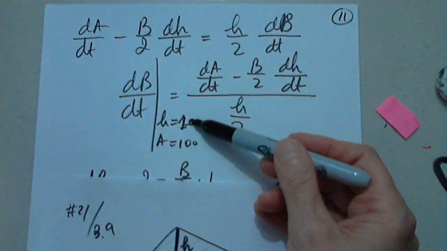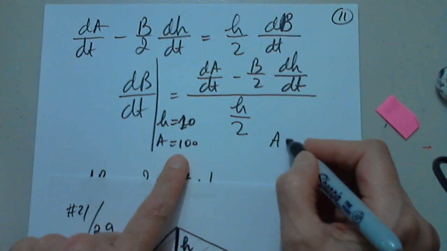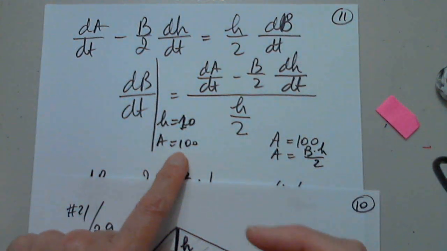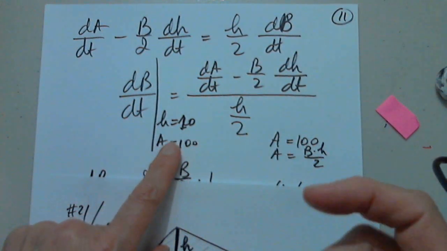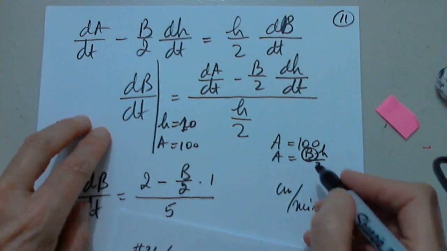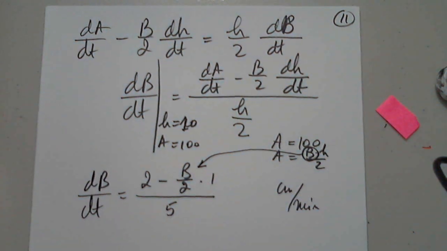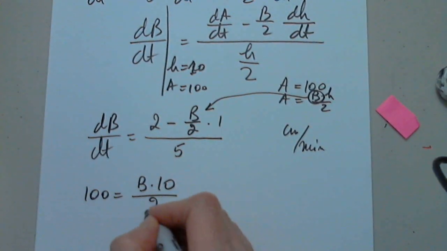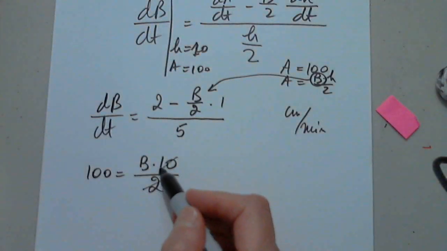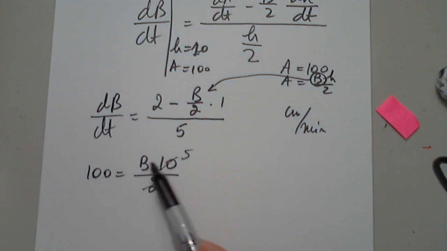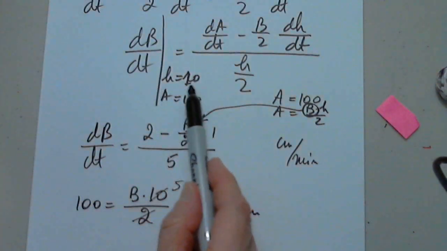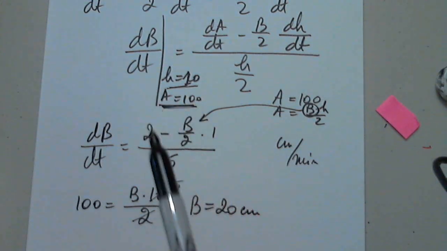Okay, now, when this happens, the area is 100, and the area is base times height divided by 2, and I have h, which is 10. I have to determine the b that I need here. So 100 equals b times 10 divided by 2. I simplify, and this is 5. b will be 100 divided by 5, which means b equals 20 centimeters when h is 10 centimeters and area is 100.